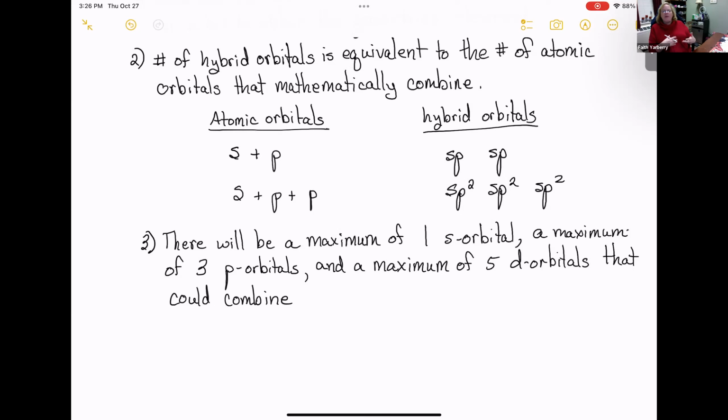Here, I only combined one S and one P at the beginning. The next one, I combined one S and 2 P's. I could continue, but after the third P, if I need another orbital, I would have to bring in the D's.